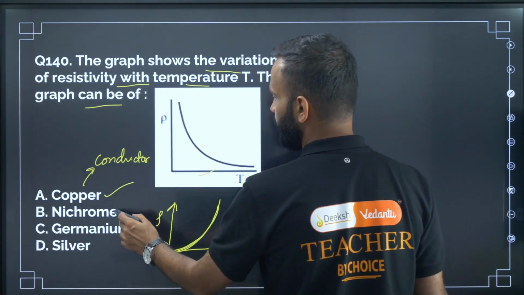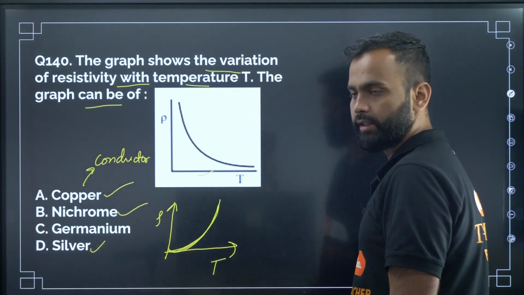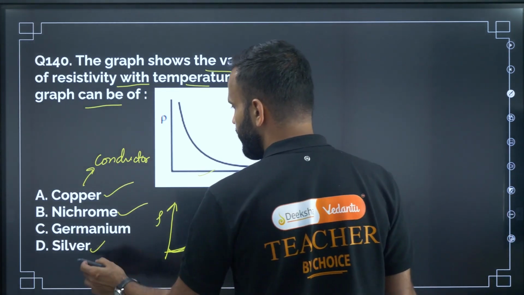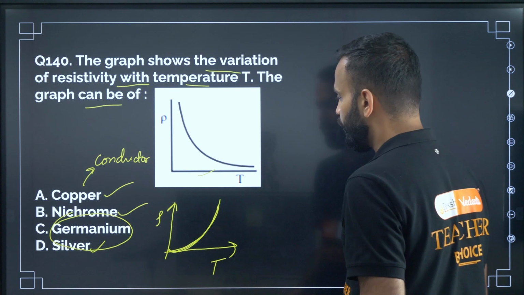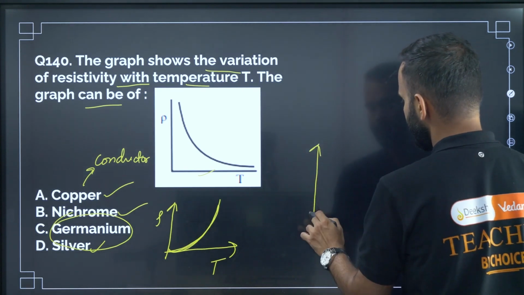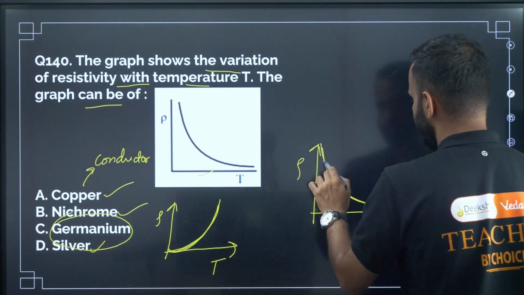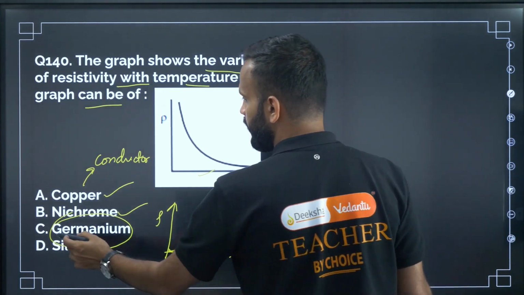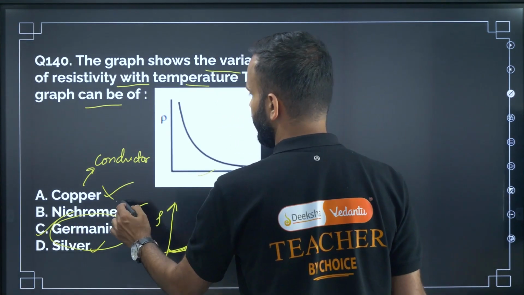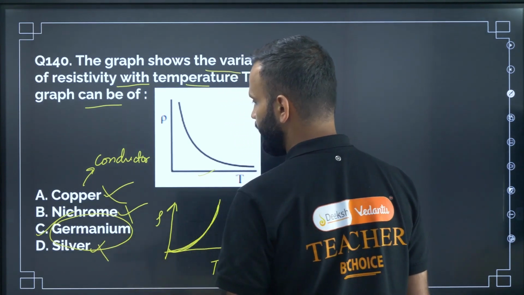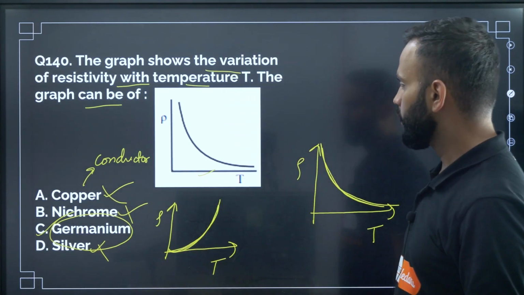Here copper, nichrome and silver are conductors, right? And germanium is a semiconductor. For a semiconductor, the resistivity versus temperature graph is like this. So option C is the correct answer. Options A, B and D are wrong. So the correct option is C.